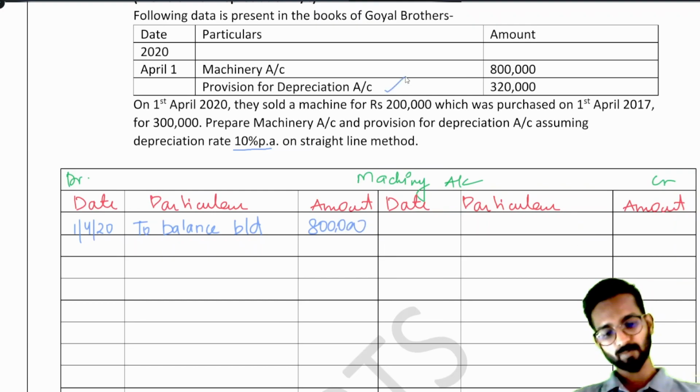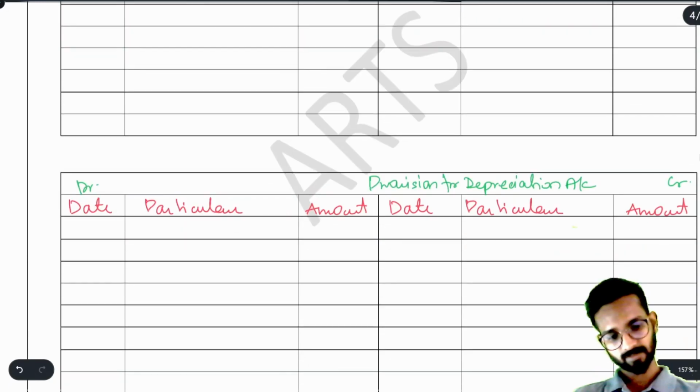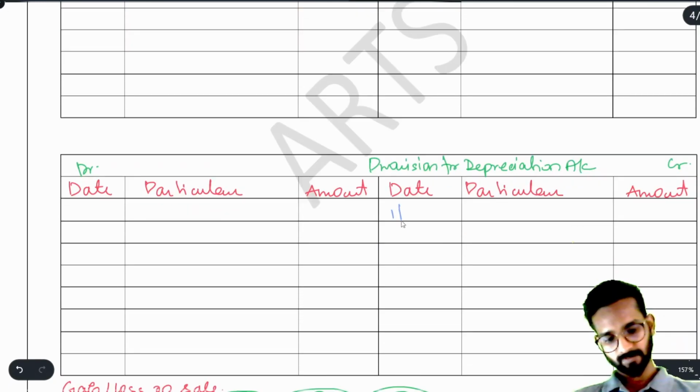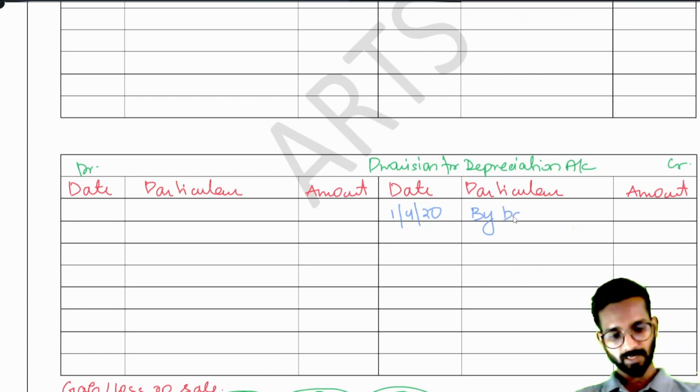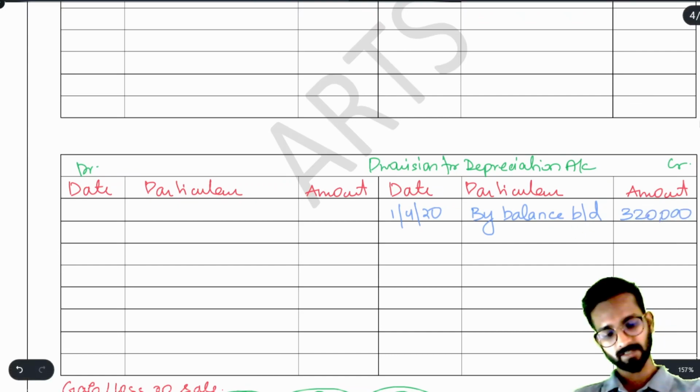What is the opening balance for provision for depreciation? 3,20,000. So I will write here 1/4/2020 by balance BD 3,20,000. Simple enough.